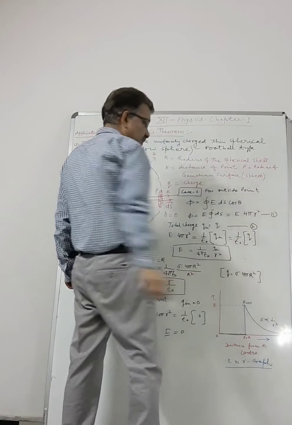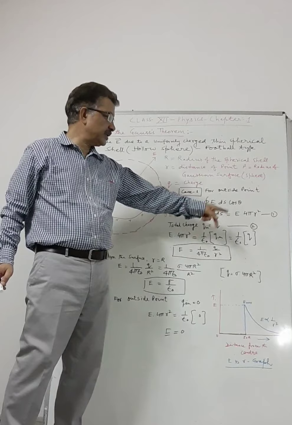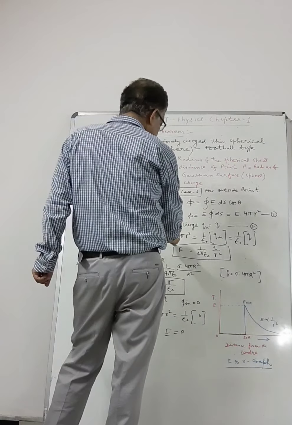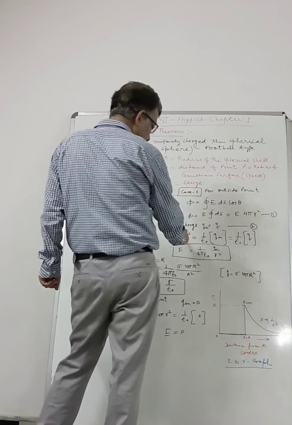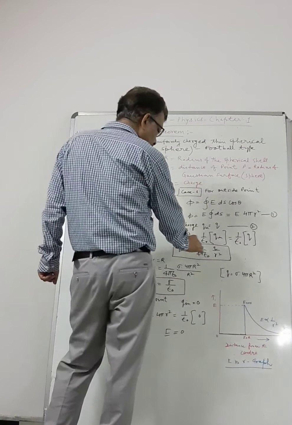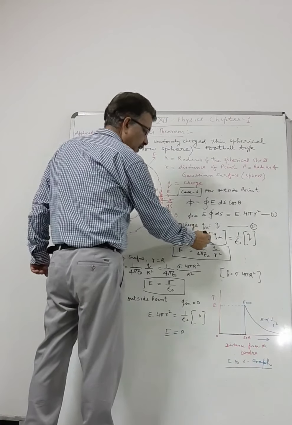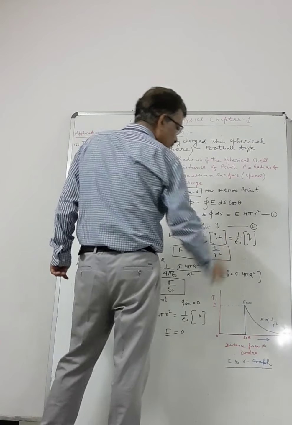Now apply the Gauss's theorem, equating these two equations. So that is E into 4 pi r square, the total value of the flux, that must be equal to 1 by epsilon naught Q in, and the value of this is equal to 1 by epsilon naught Q.